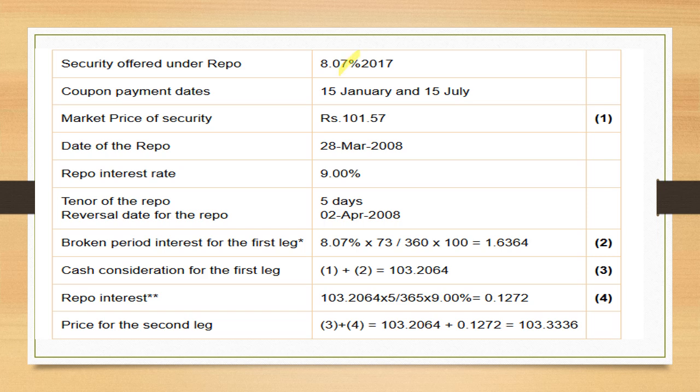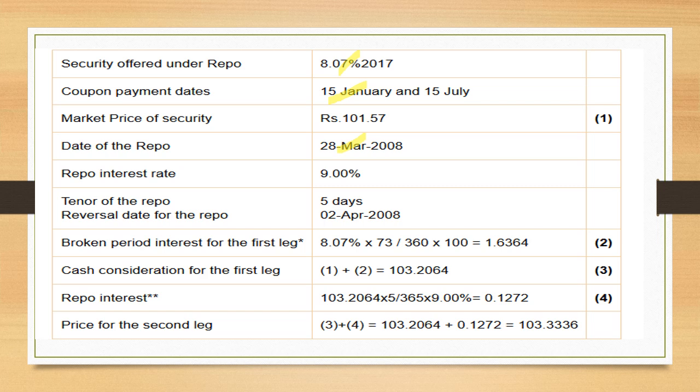So this 8.07 is this coupon. This is the last coupon date that you take, and this is the next coupon date, this is the settlement or the date of repo that you take. So the difference between 15th January and 20th March is 73, and then it is divided by 360.